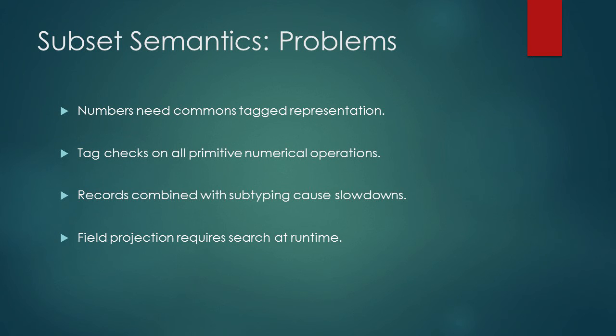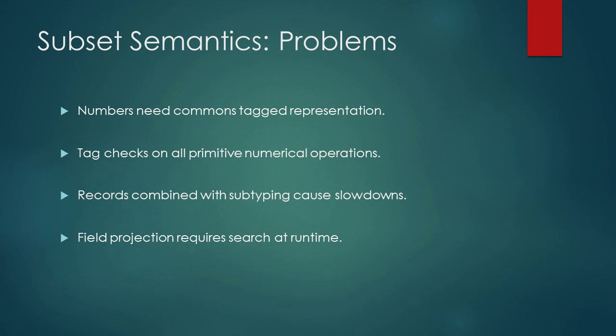Some of the problems with subset semantics and subtype semantics are as follows. If you have floating point and integer numbers, they need a common tag representation. Anytime you do a primitive operation then on integers or floats, you need to check what the tag is, right? This costs time.